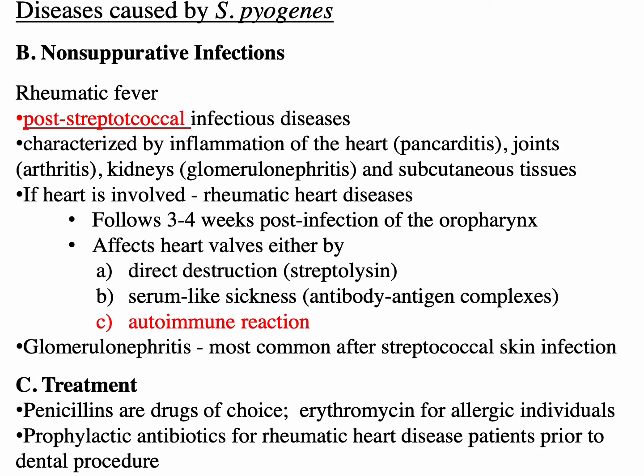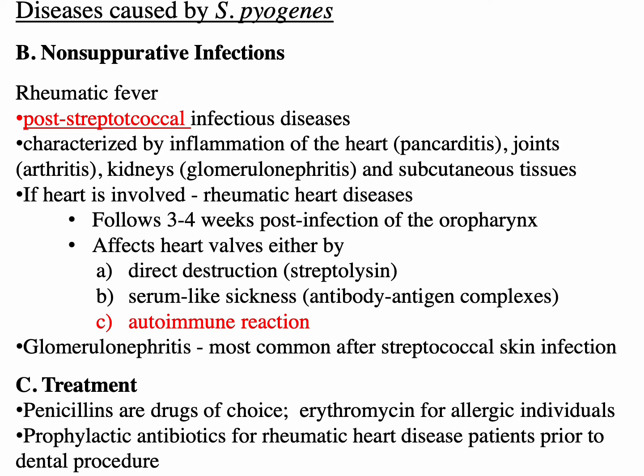Serum sickness is antibody-antigen complexes. You have antibodies developed, raised during the infection. Those antibodies remain in the body for a while, but the group A strep is gone, though part of the bacteria still remains, whether it's a protein or a cell wall, circulating in the body.